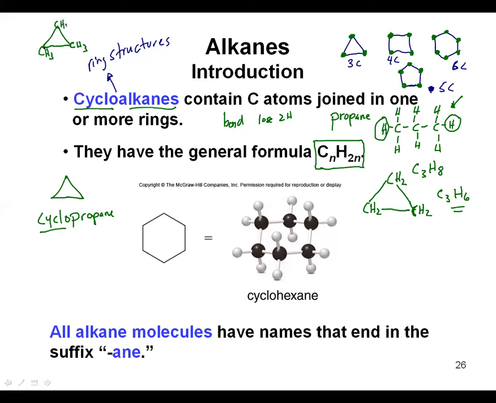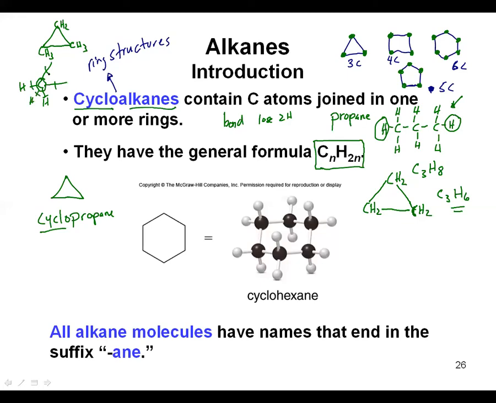The problem is, if you really did have those 3 hydrogens still there, along with the bond going this way and the bond going this way, my carbon now has 1, 2, 3, 4, 5 bonds, too many bonds.